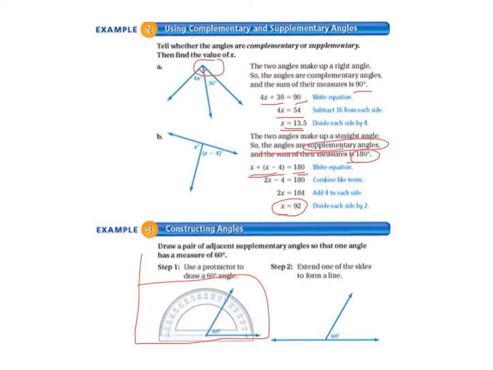And step 2, extend one of the sides to form a line. So when you do that, if you draw a 60-degree angle over here, then you'll know that this angle on the left-hand side is going to be 120 degrees because they are supplementary angles.